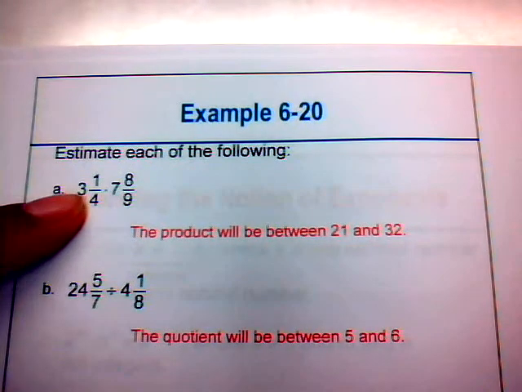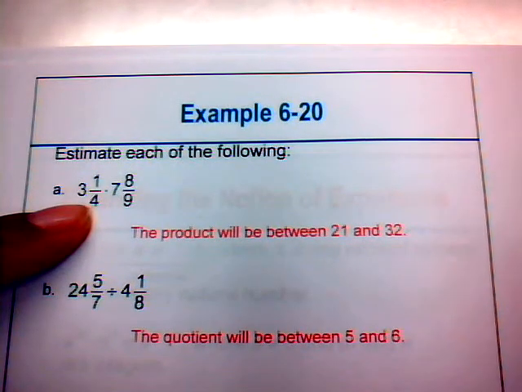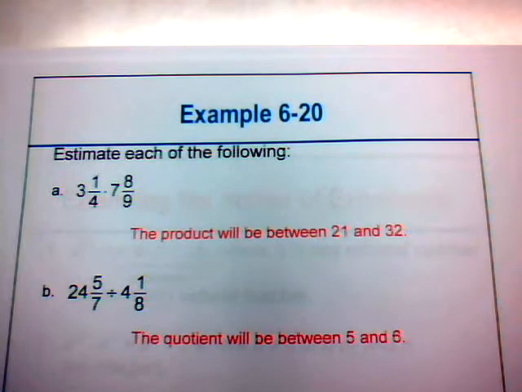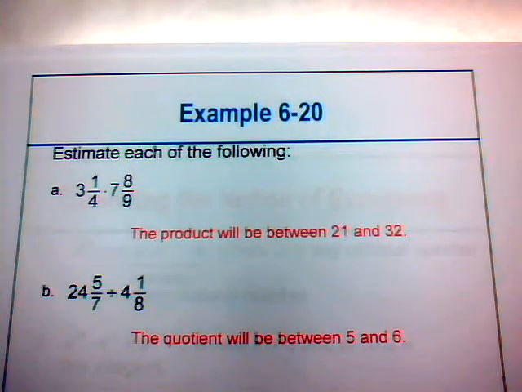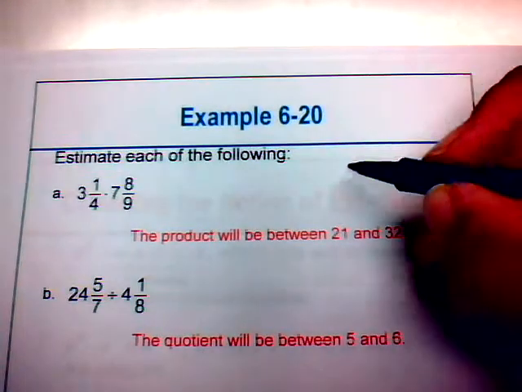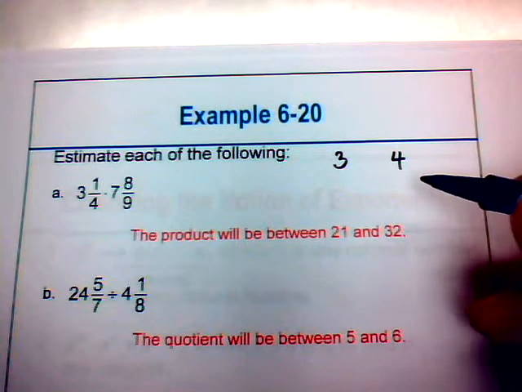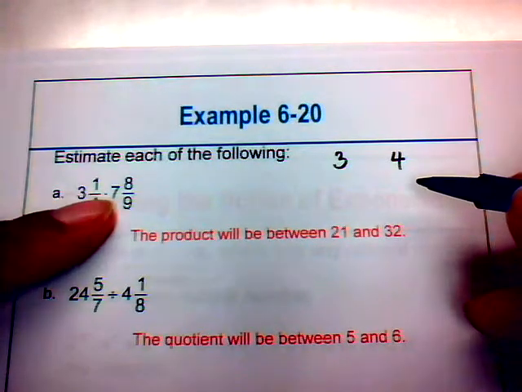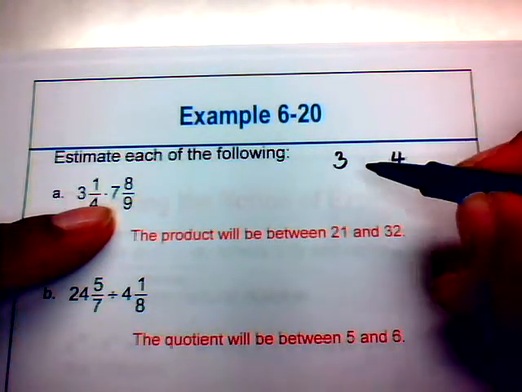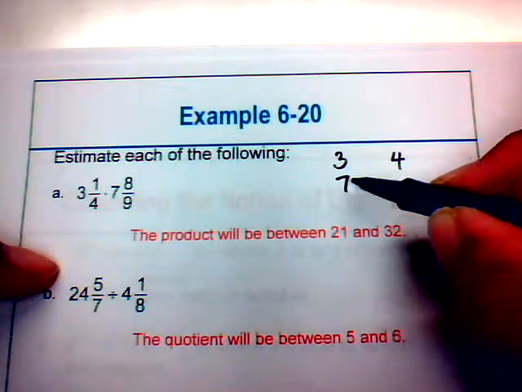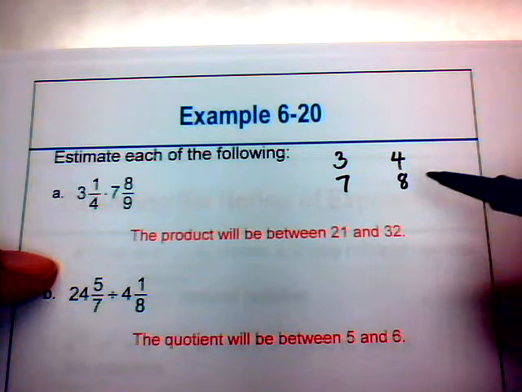In other words, the two whole numbers that 3 1/4 is in between are 3 and 4. For 7 8/9, there are two whole numbers that it is in between, 7 and 8.